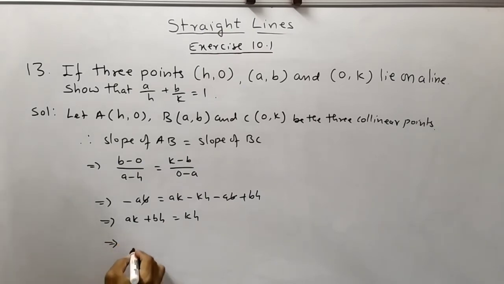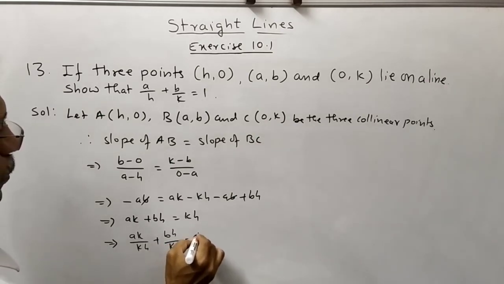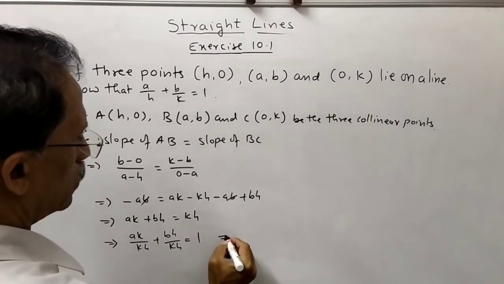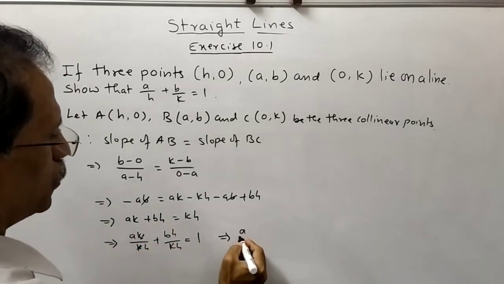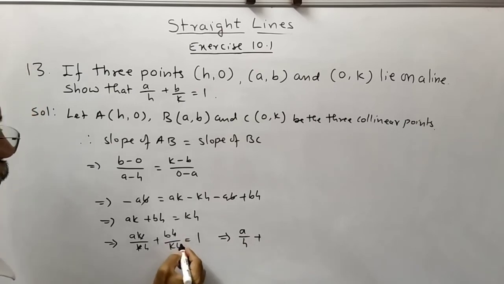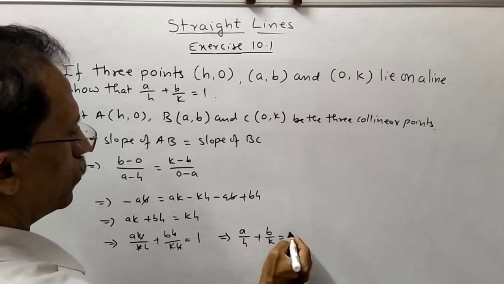This implies ak divided by kh plus bh divided by kh is equal to 1, dividing throughout by kh. This implies a by h plus b by k is equal to 1.